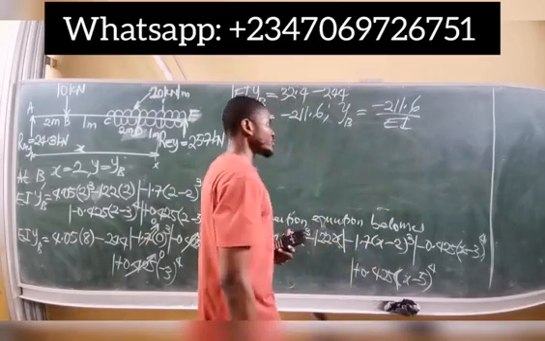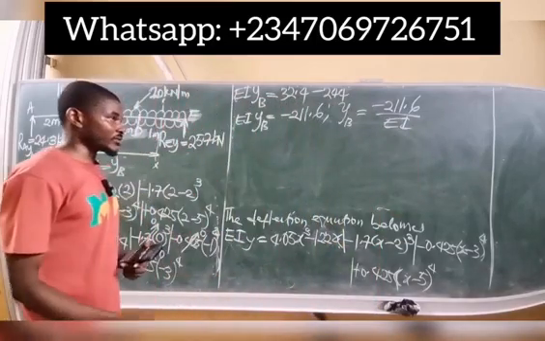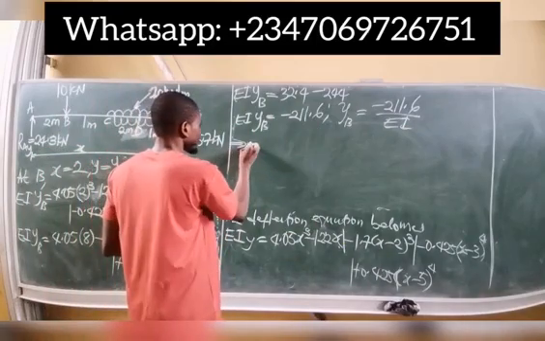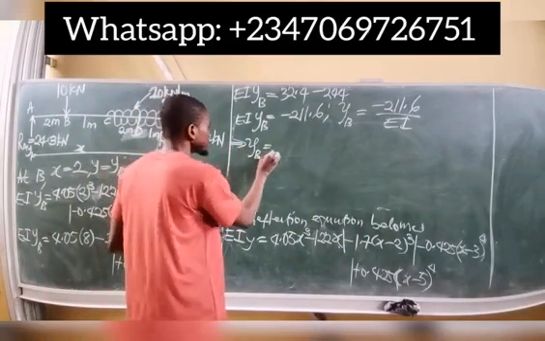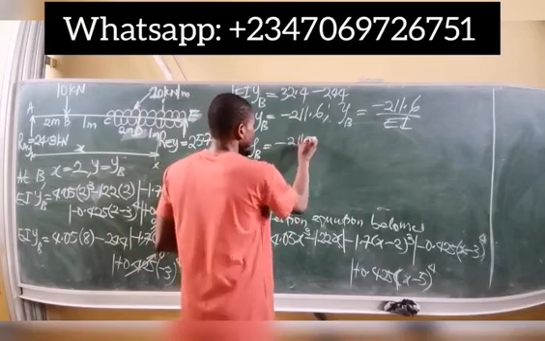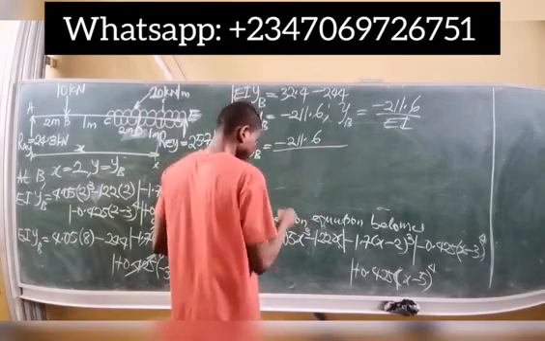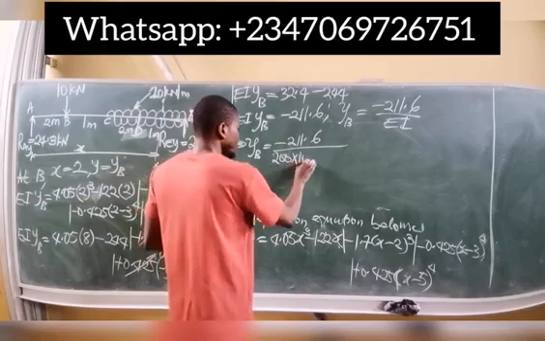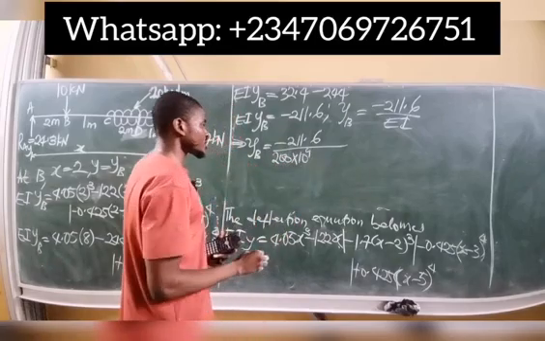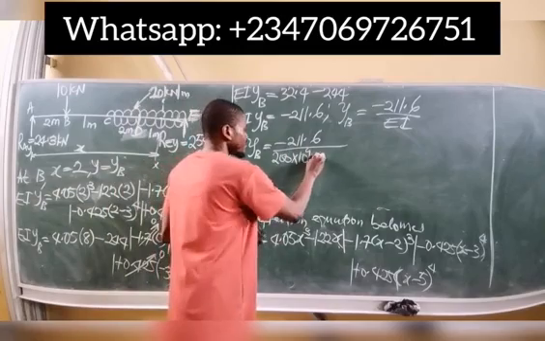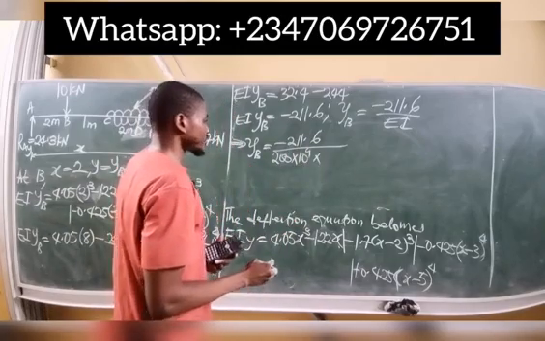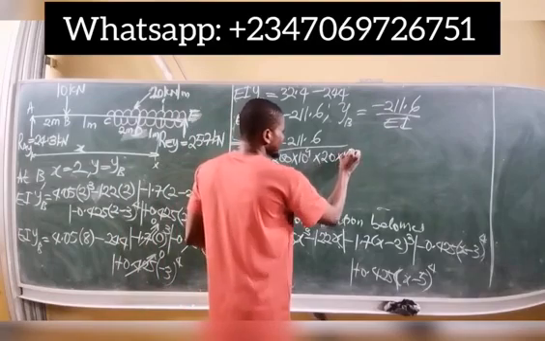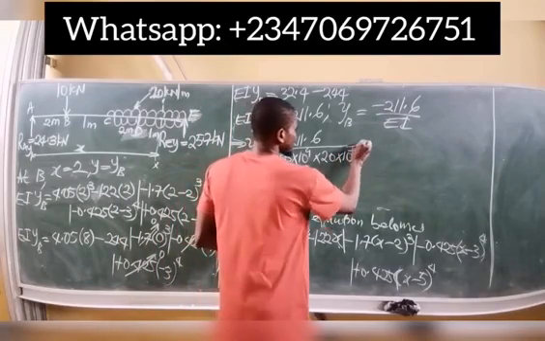And from the question, the values of E and I were given. So that simply means that deflection at B is simply minus 211.6 all over the Young's modulus, which is 200 giga, that's 200 by 10 to the power of 9 newtons per meter squared, multiplied by the moment of inertia, which was given as 20 by 10 to the power of minus 6.